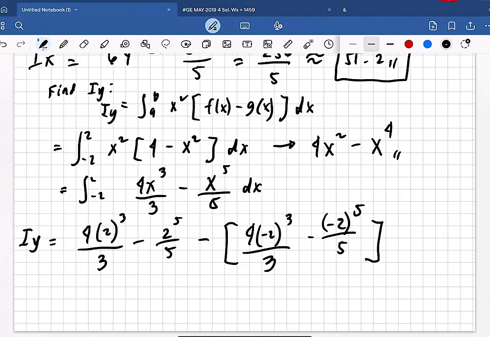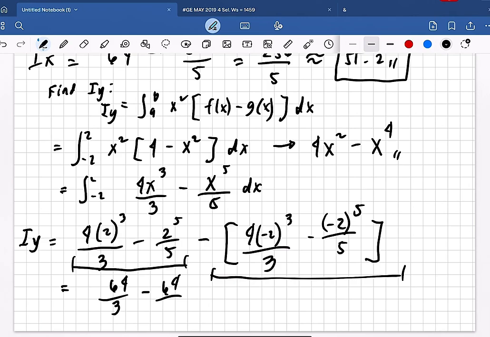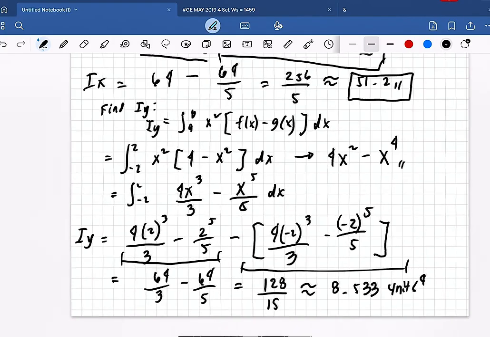If we plug this in the calculator, it is equal to 64 over 3 minus 64 over 5, which is 128 over 15, or in decimal 8.533 units raised to 4.